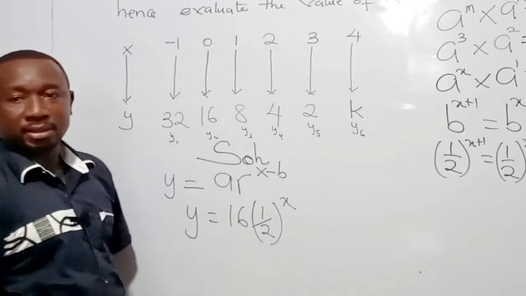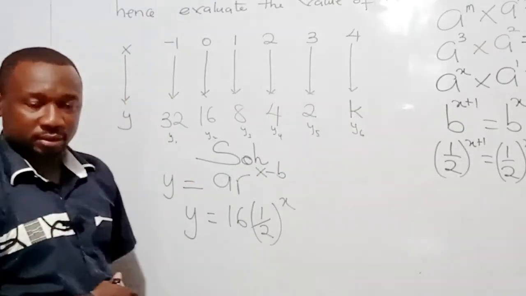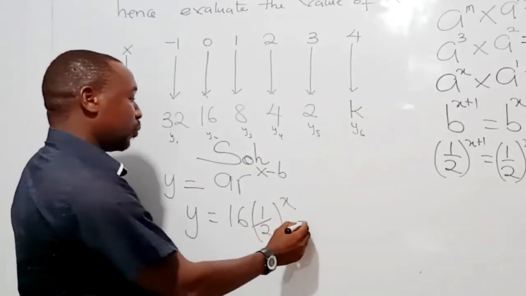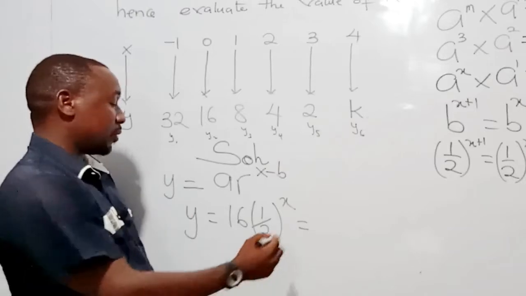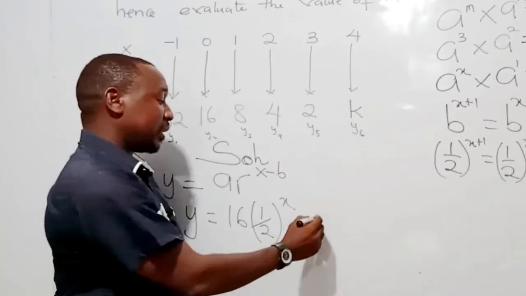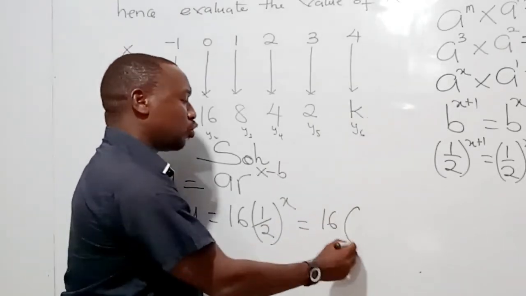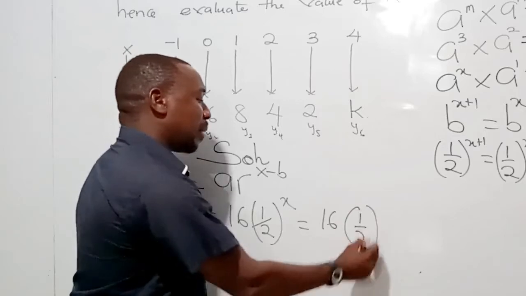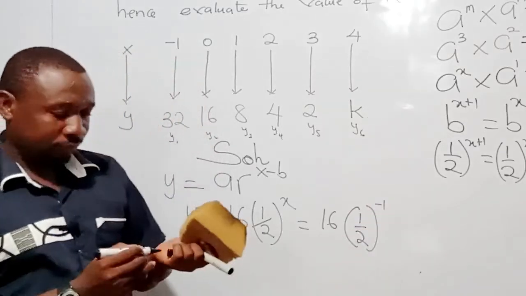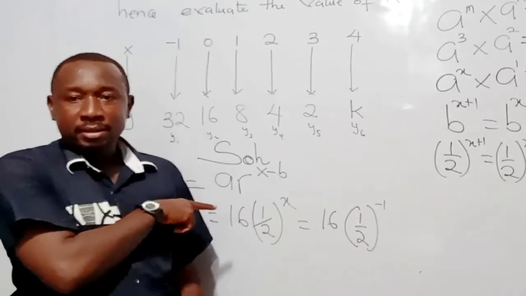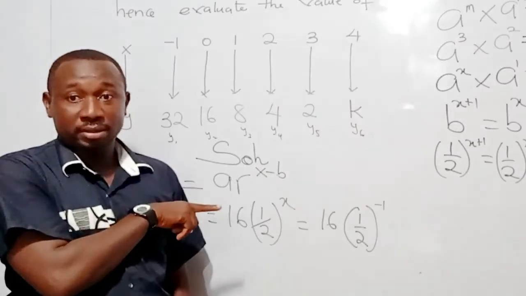Let's try -1 and see. We are putting in -1, and that will be 16 times half to the power -1.